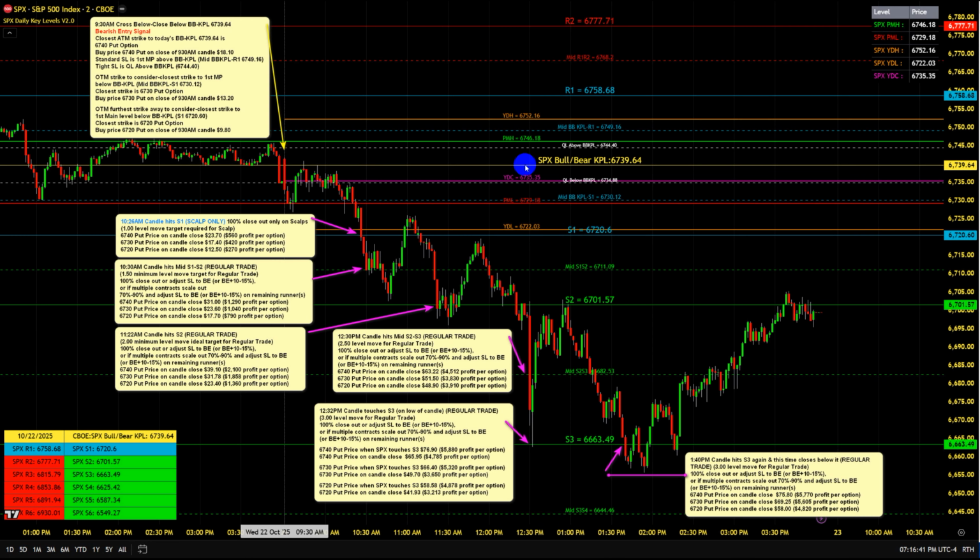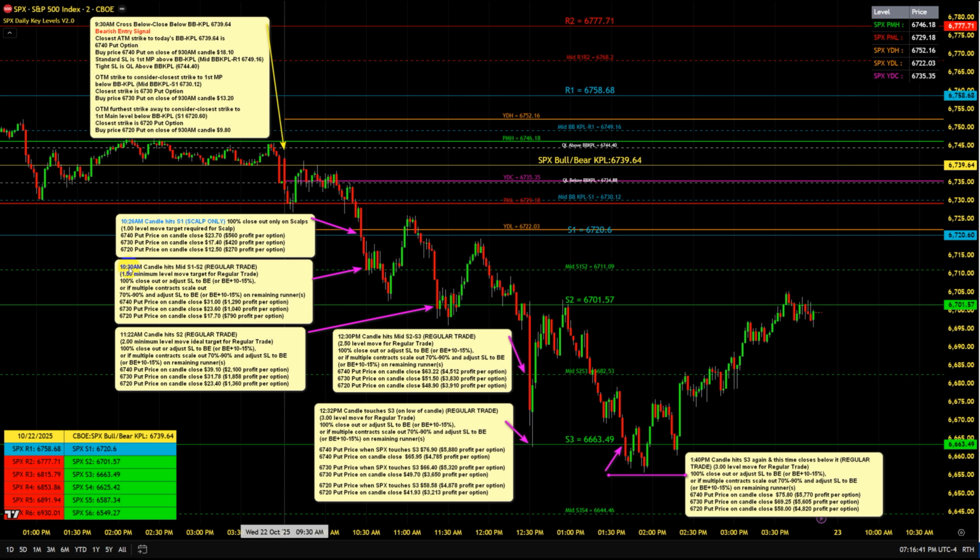So a 1.5 level move is just the same process. Where are we trading from? What direction? What's a 1.5 level move from that level we're trading? In this case, mid S1, S2, because we're trading from this level in this direction.